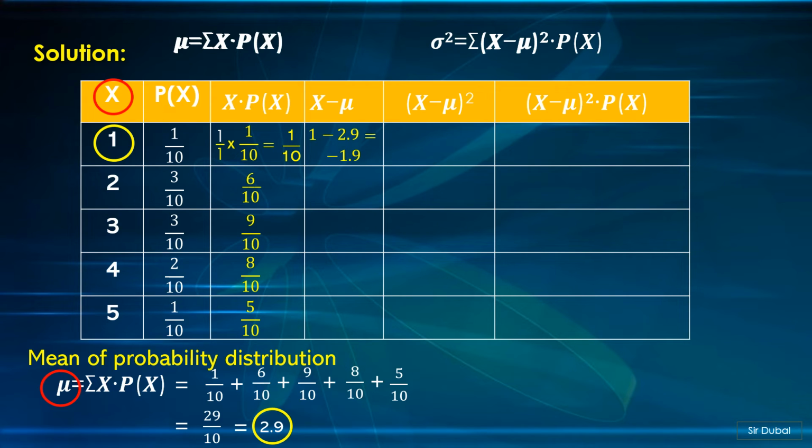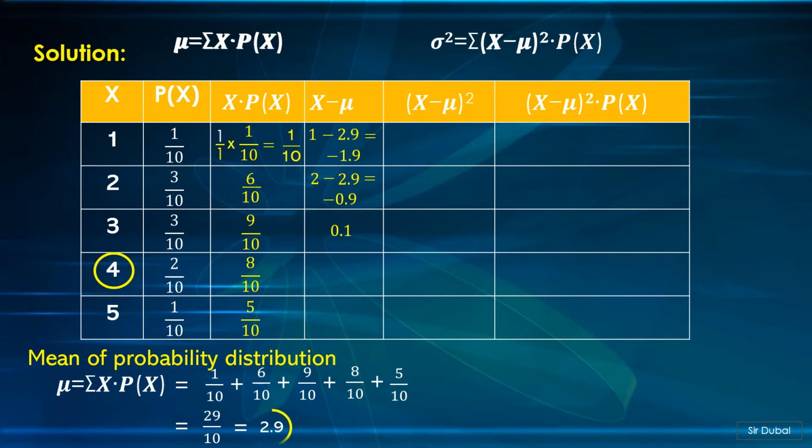The answer is negative 1.9. Then, for the next row, we have 2 minus 2.9, which is negative 0.9. Then the next row is 3 minus 2.9, which is 0.1.